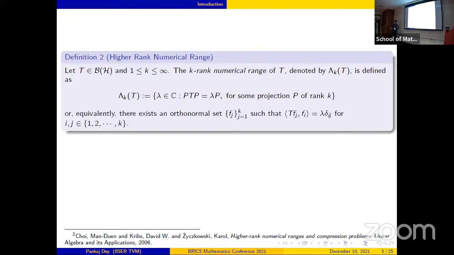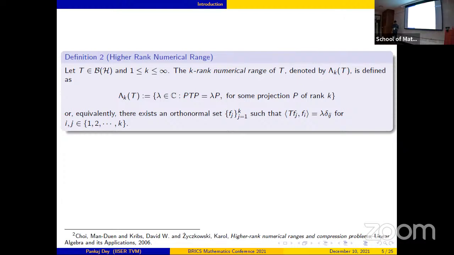Or we can say there exists an orthonormal set f_j such that <Tf_j, f_i> is lambda delta_ij, where delta is the Kronecker delta. Actually, it appeared through the problem of error correction in quantum computation, and it has been defined by Choi, Kribs, and Zyczkowski.